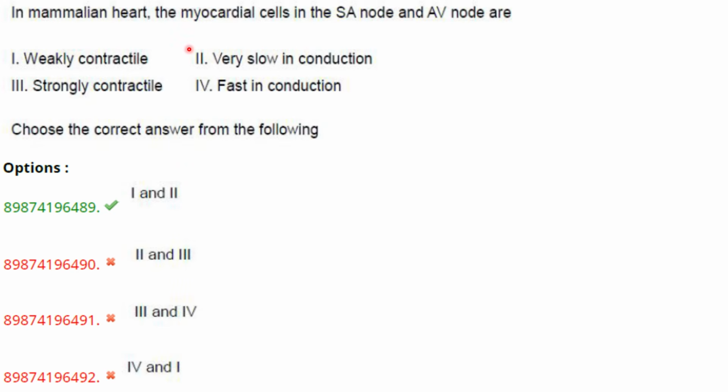Then, in a mammalian heart, the myocardial cells in the SA node and AV node are. How are they: weakly contractile, strongly contractile, or very slow or fast in conduction? So these SA node and AV node cells are autorhythmic myocardial cells.